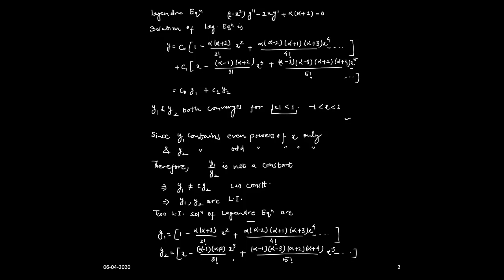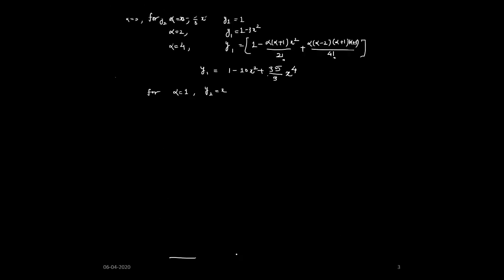If you put 2 here, you'll get an infinite series. So for even integers, y2 is an infinite series, and y1 is a polynomial of degree alpha. Whatever the alpha, if alpha is an even positive integer, then y1 is a polynomial of degree alpha, and y2 is an infinite series.